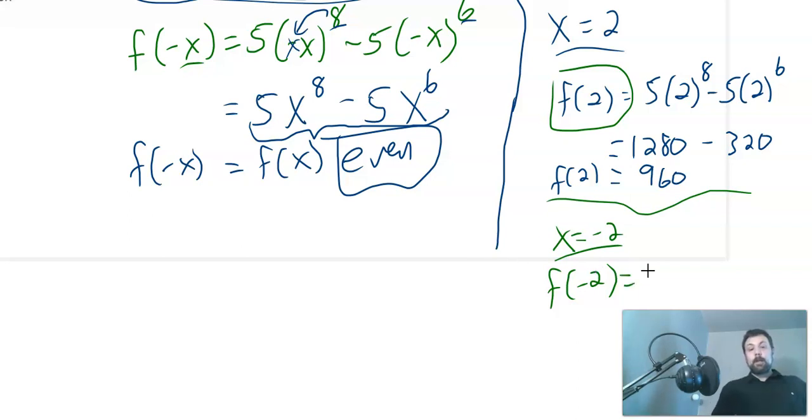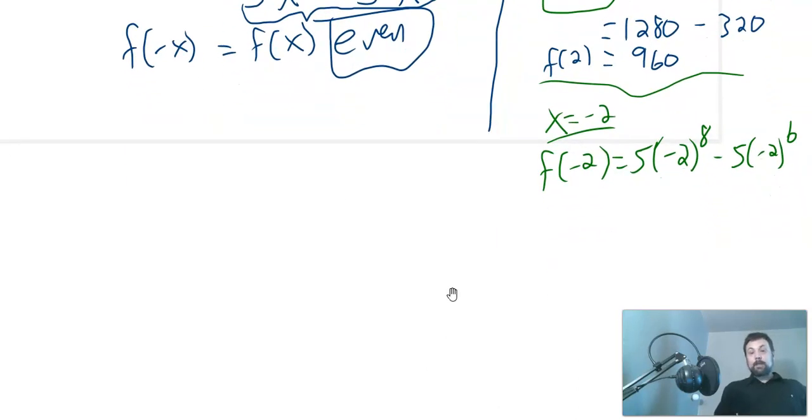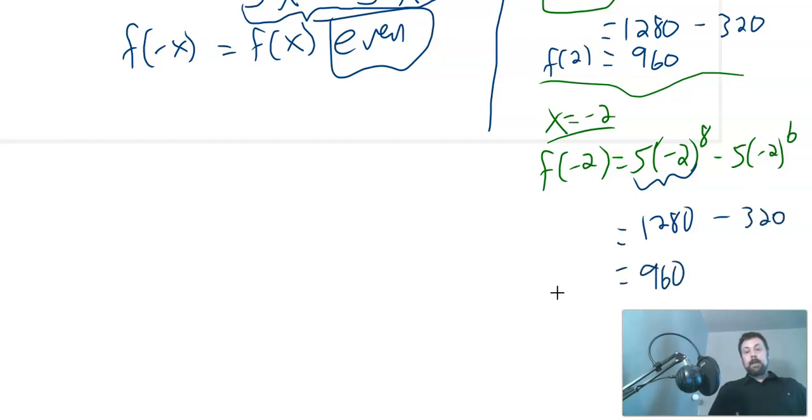All right, so I'm going to get 5 times negative 2 to the 8th power minus 5 times negative 2 to the 6th power, and I want to see what result I get from that. And what's going to happen is this will still equal 1280, because when you take negative 2 to the 8th power, it's still going to come out positive 256 times 5, so I still get 1280. This negative 2 to the 6th power will still be positive 64, times 5 is going to give me 320, and so I'm going to get 960 again.